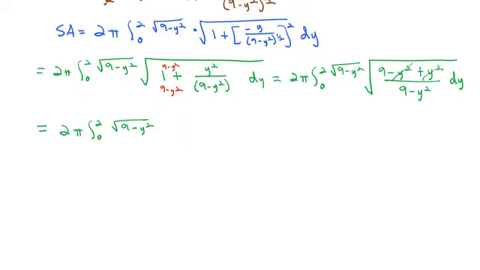We're just left with the square root of 9 on top, which is 3, over the square root of 9 minus y squared in the denominator, dy, which is really nice because that square root divides out. And so the integral we're actually going to take is 2 pi times the integral from 0 to 2 of 3 dy.